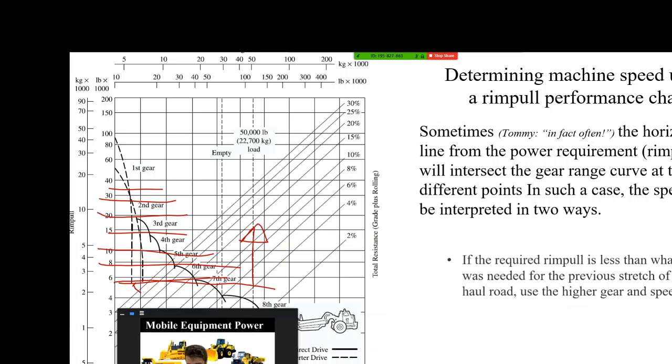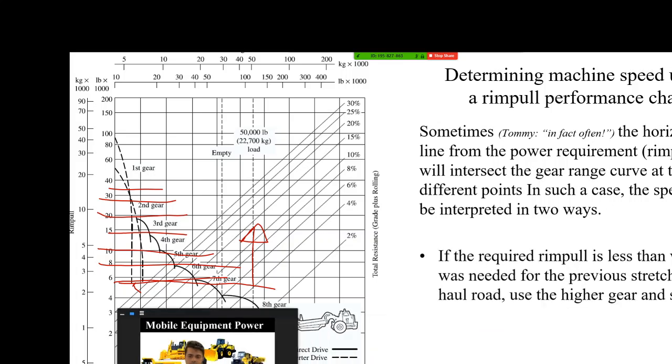Here is the answer. If the required rimpull is less than what was needed for the previous stretch of the haul road, what does that mean? It means you should compare the rimpull you find.